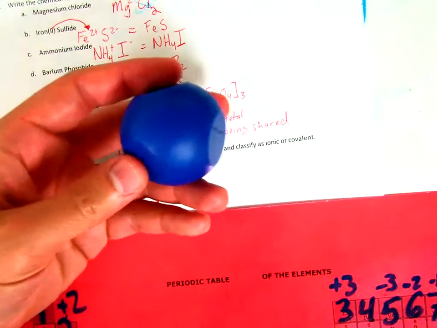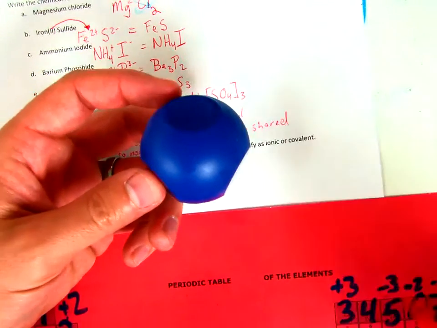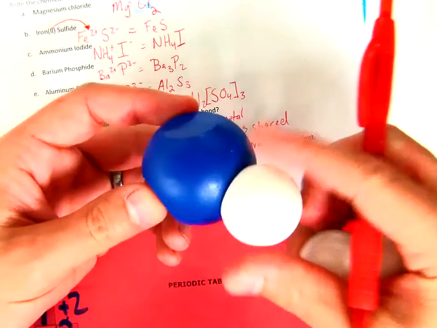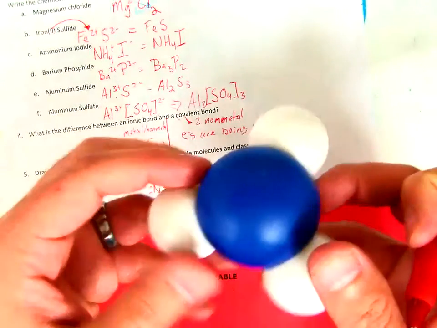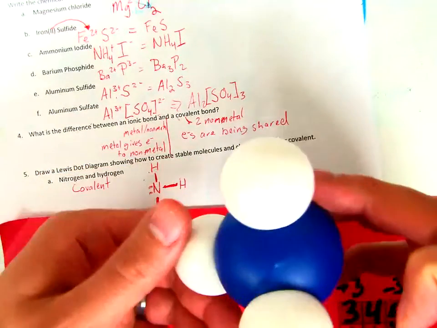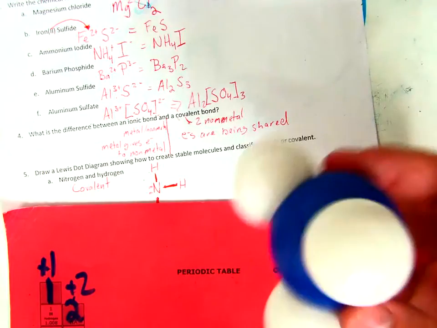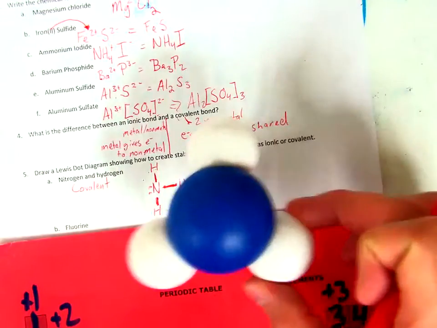If this ball represents nitrogen, it has 3 places where it's going to share. I would just bond my hydrogens on right there, and I would get something like this. So one more on there, and I would have an ammonium ion. This itself is ammonia.